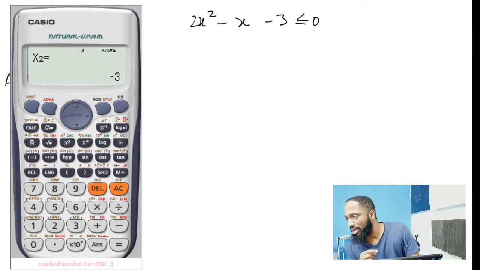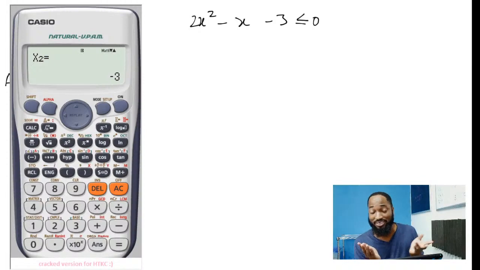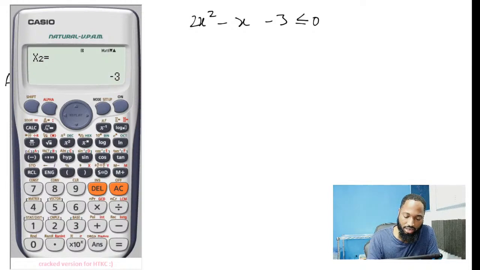So you could multiply by negative 1 and flip the inequality. Yes, you can do that. But why would you do that? It's a whole extra step, just because you're afraid of a negative sign.